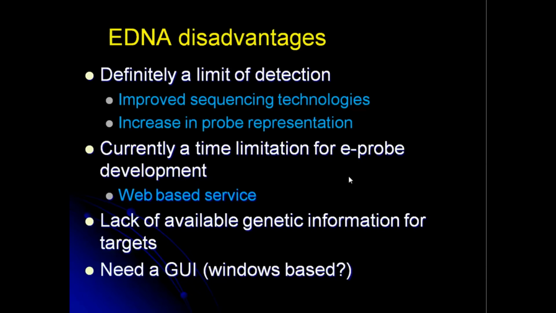I feel like we have not demonstrated this yet, but if we worked on ways to improve probe representation, we would improve our limits of detection. That is to say, the more probe representation you have from a particular genome, the more likely you are to find one of the sequences within a mixed metagenome. And that's just sort of a mathematical equation that you can talk about if you're interested.